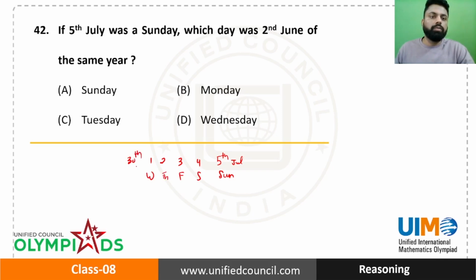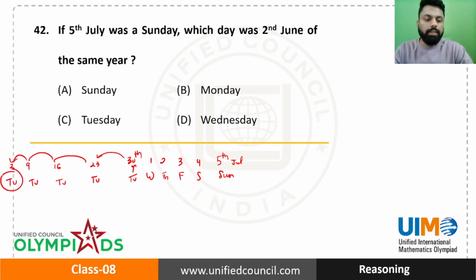On 30th of June, it was Tuesday. 30 minus 7, 23rd of June, Tuesday. 23 minus 7 is 16, Tuesday. 16 minus 7 is 9, Tuesday. 9 minus 7 is 2, Tuesday. So the correct answer in this case is Tuesday.